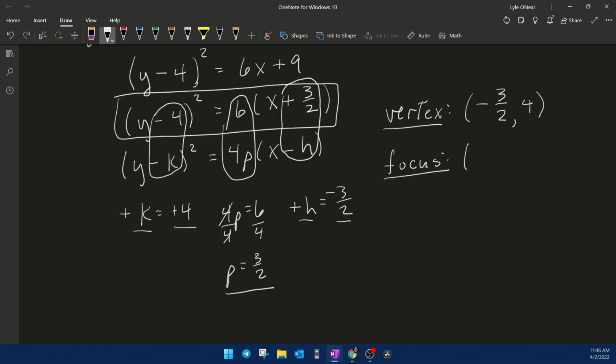So plugging into that formula, h is negative 3 halves plus p is 3 halves comma k. And simplifying, I don't know if you noticed, those are going to cancel and give me 0 comma 4. So there's our focus. Next, our directrix.